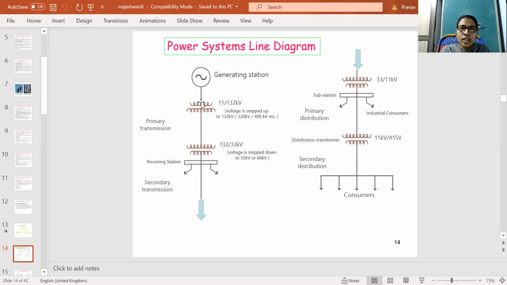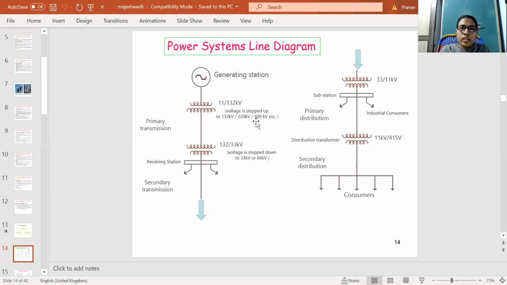This 11 kV is applied at this step up transformer, which will step up the 11 kV voltage to 132 kV, 220 kV, 400 kV and so on.